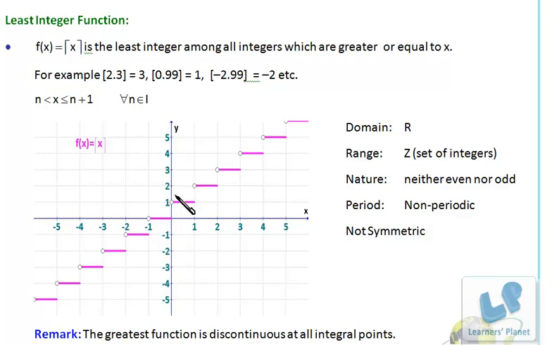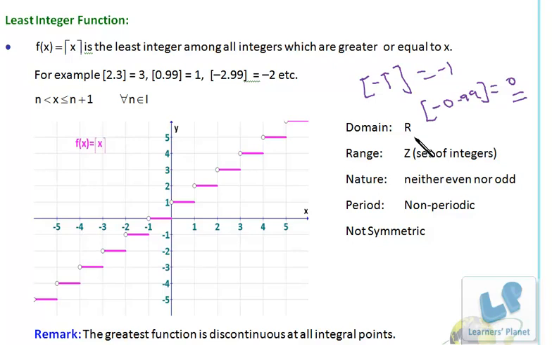The only difference over here is from -1 to 0: suppose it is -1, then it will be -1. But if it is say -0.99, then it will be 0 only, right? So you can see very well from this graph, from this line, still we'll be getting the lines parallel to the x-axis, and these circles are not the part of the graph, right? For the same reason that we have discussed earlier.